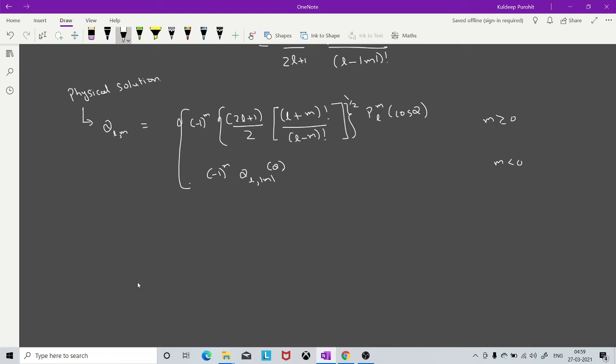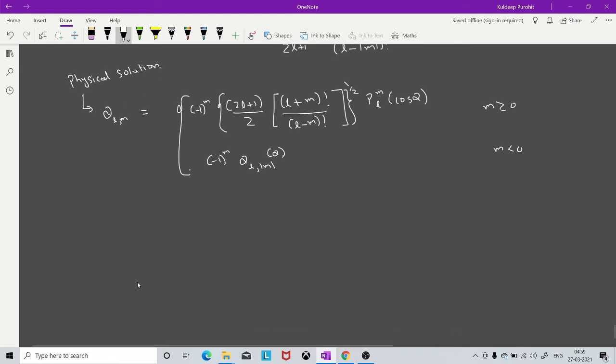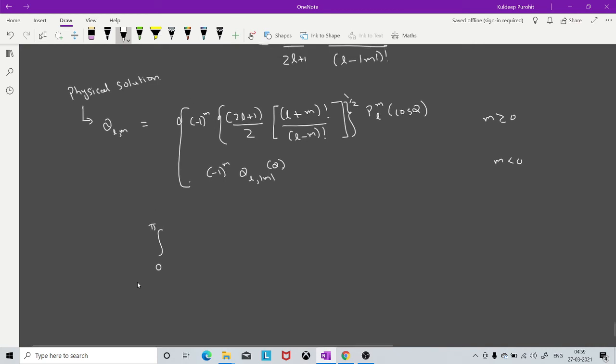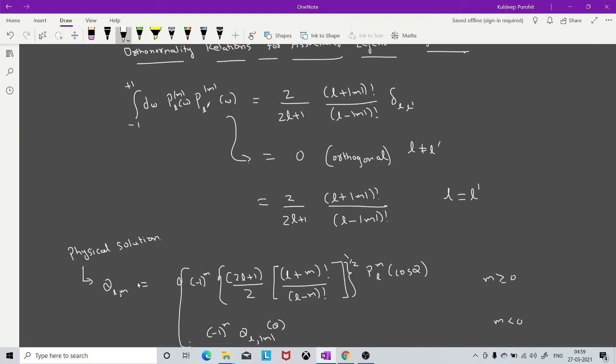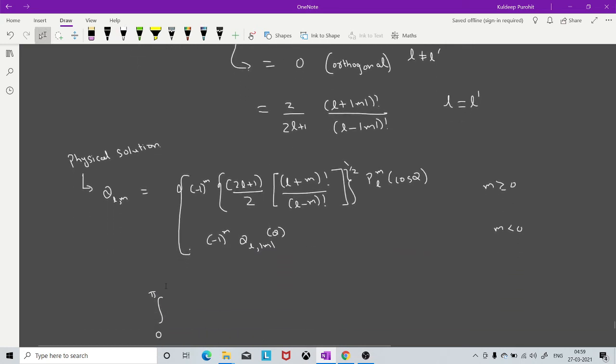So now if you do the orthonormality relations, it will be now from 0 to pi. See here we were taking omega, and omega was varying from -1 to 1, but you know that omega is directly related with the value of theta, cos theta.